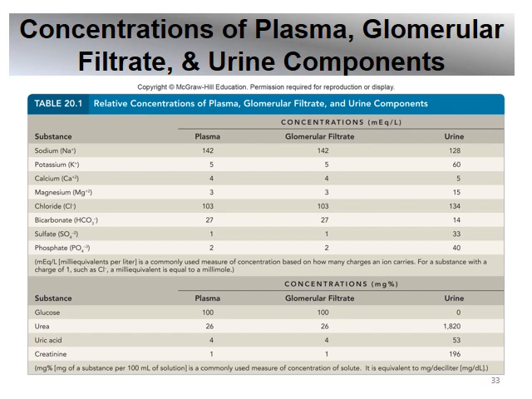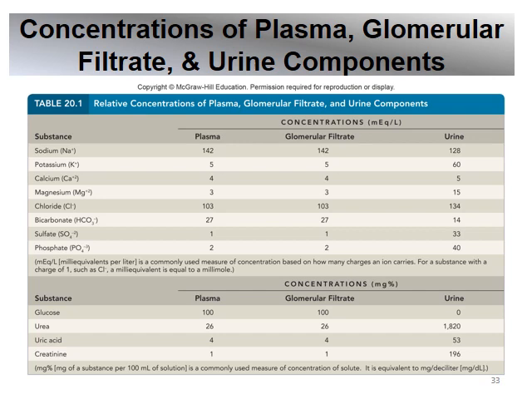However, the urine only has about 128, so we're going to be conserving sodium. We notice potassium is about 5 for both plasma and glomerular filtrate. However, it's 60 in the urine, meaning we're going to be excreting more than what we typically have in our blood.